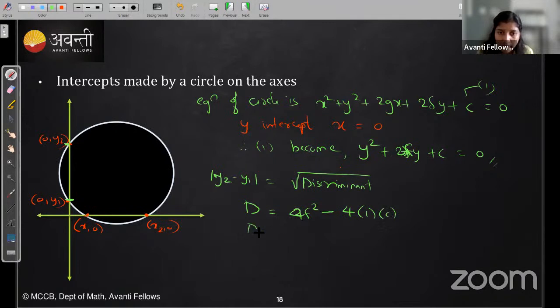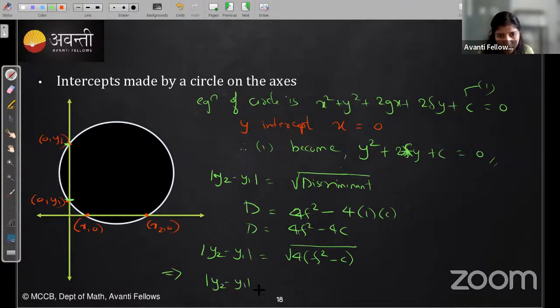So D will be 4f square minus 4c. So y2 minus y1 is going to be the square root of, taking 4 common, f square minus c. So it implies the distance between these points, y2 minus y1, equals 2 under root of f square minus c.